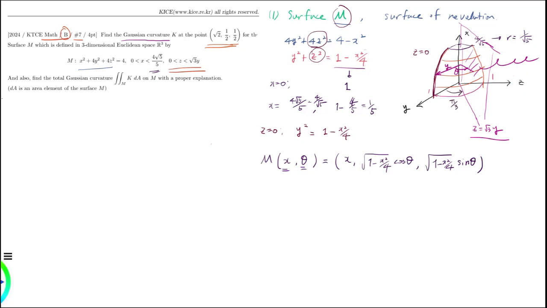And also, since this surface is generated by this curve, instead of the general point, I will figure out the curvature at this point, which is square root of 2.